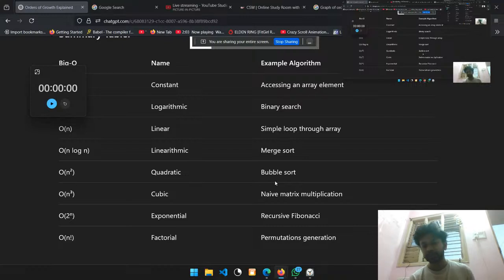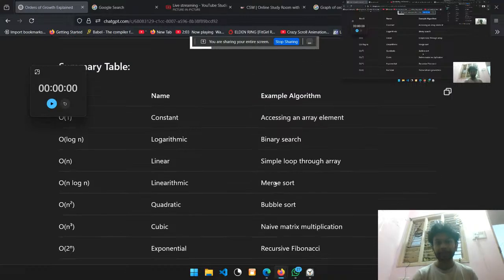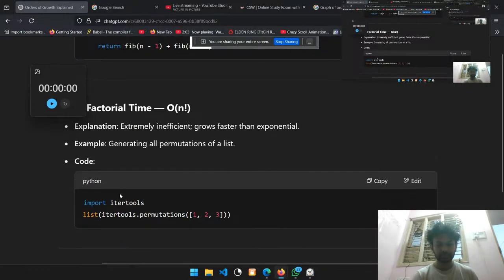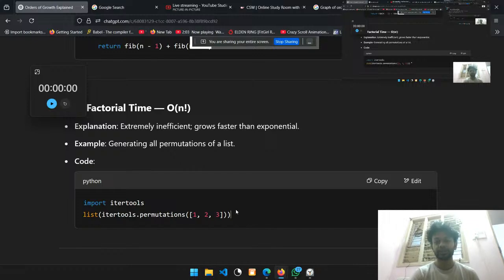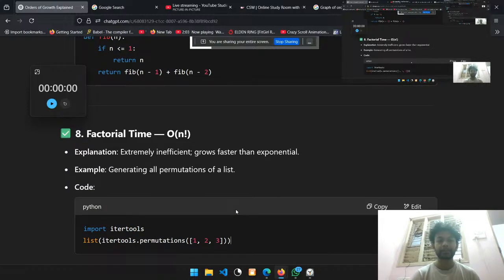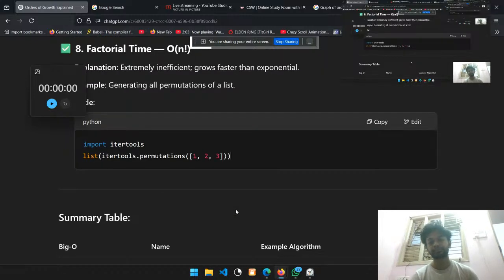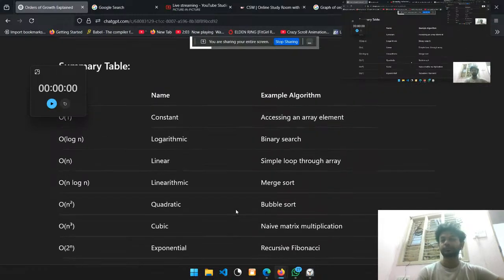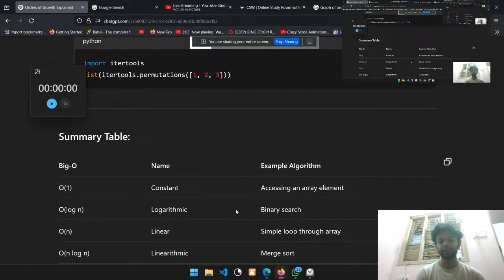N factorial is permutations generation. Why? Yeah, interesting. Extremely inefficient, grows faster than exponential, generally all permutations of a list. Okay, that's going to be painful. Anyway, I don't care.